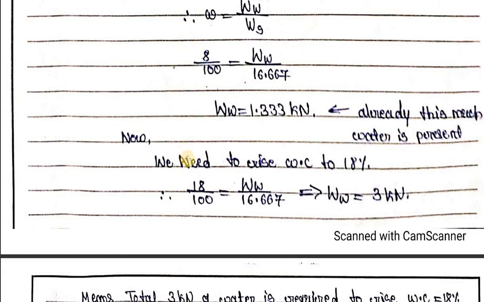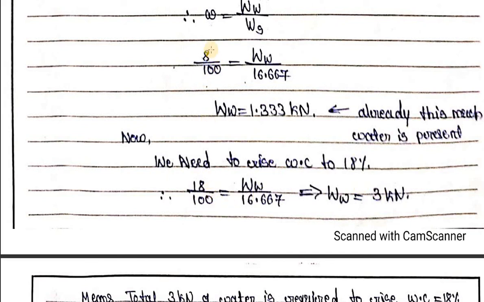So from 8% to 18%, I will repeat it. You need to understand it very carefully because it is very important. To raise from 0 to 8, I have to add 1.33 kilonewton. To raise from 0 to 18, I need to add 3 kilonewton.